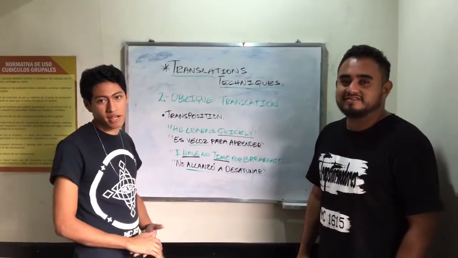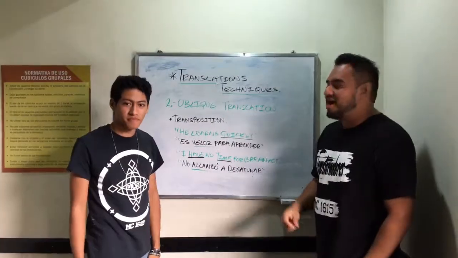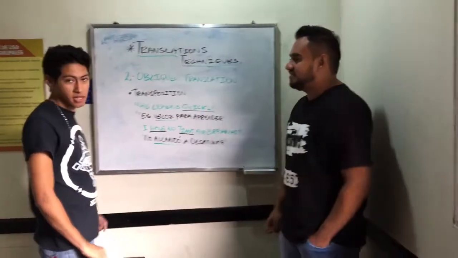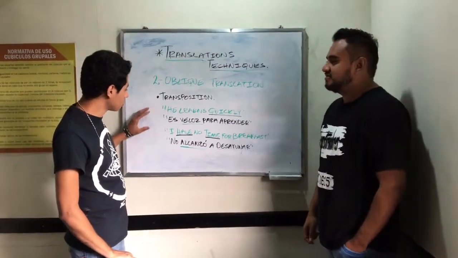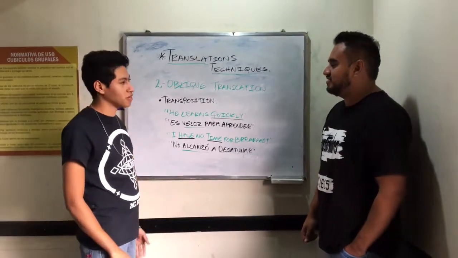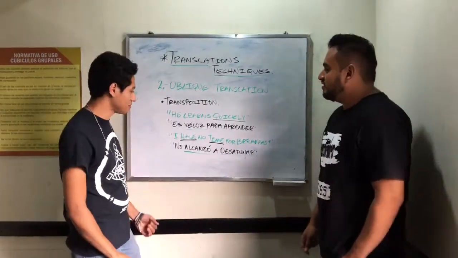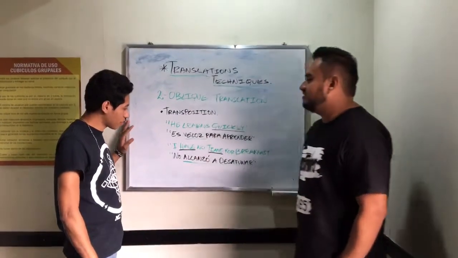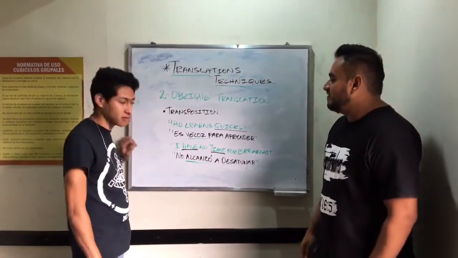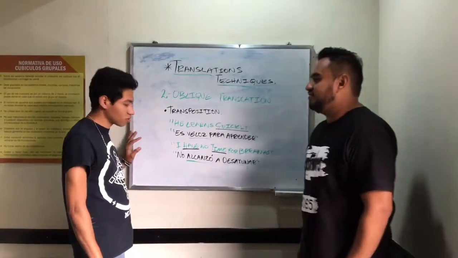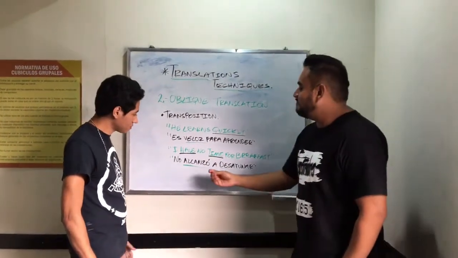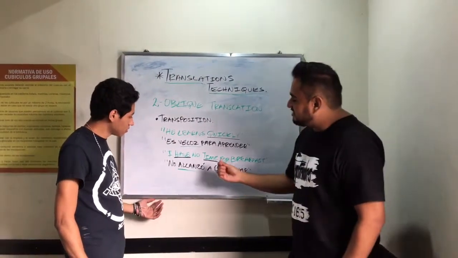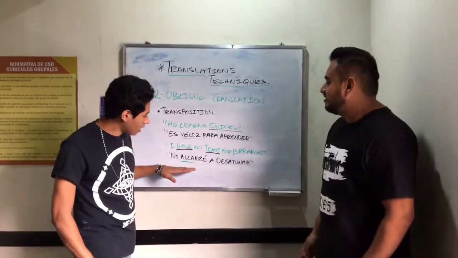Then we have the second sentence, and it says, I have no time for breakfast. What happened here? We changed the verb have for another verb in the past simple in Spanish, alcanzó.